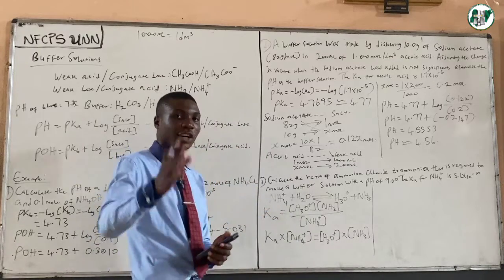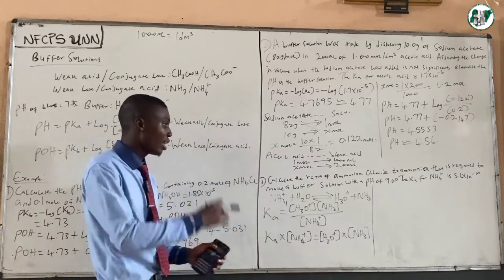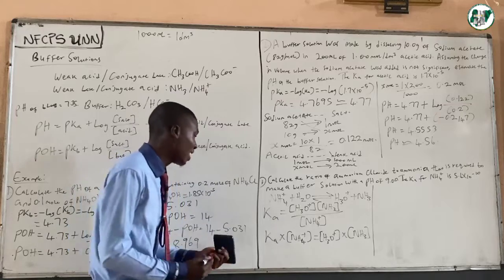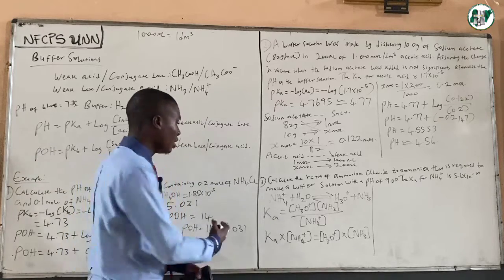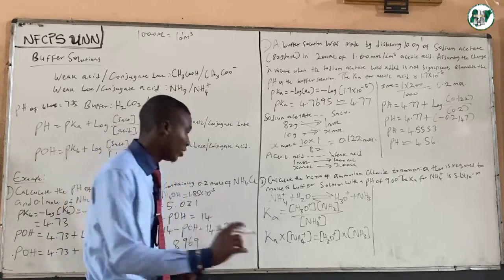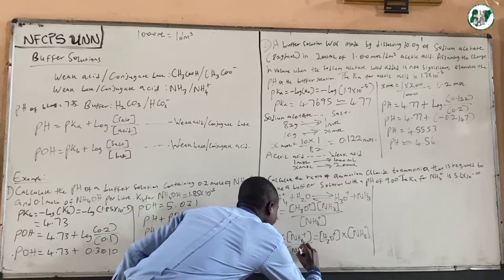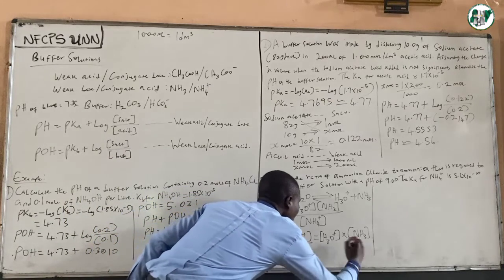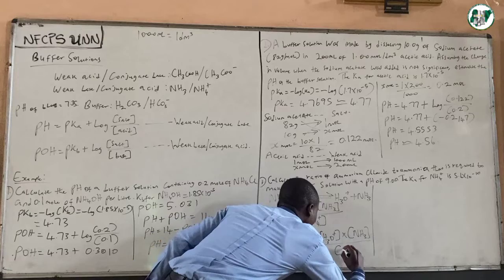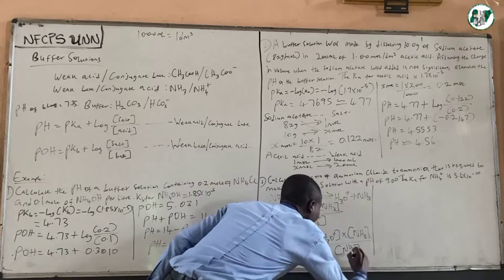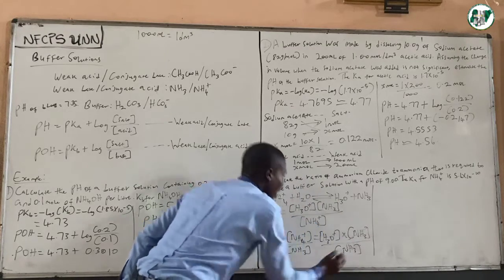For the purpose of this video, I will not be too fast, so let me take it step by step. First, we divide both sides by the concentration of NH3. When we do that, this will cancel out this.